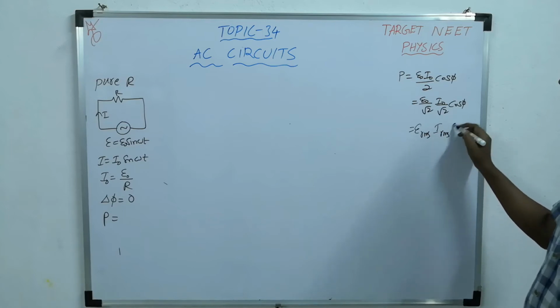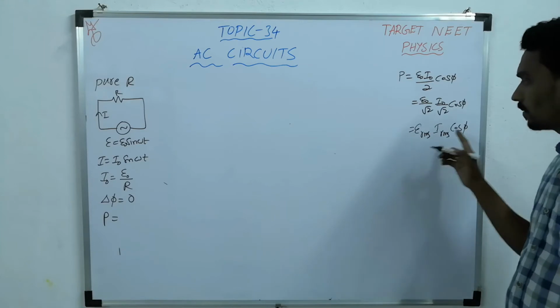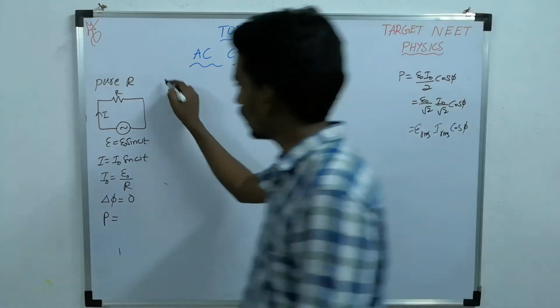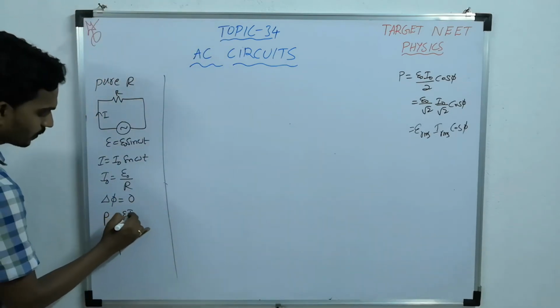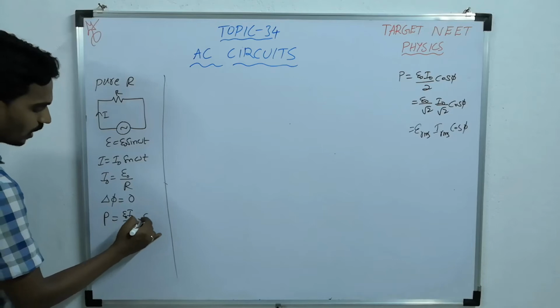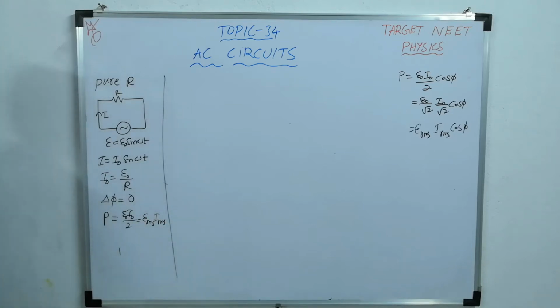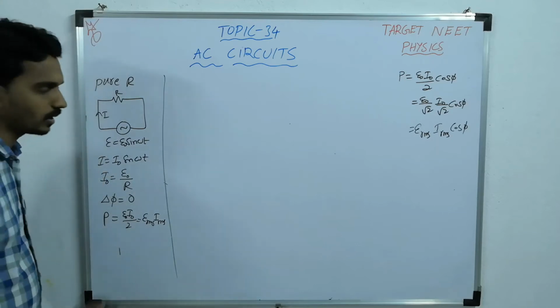Similarly epsilon RMS I RMS cos phi, where phi is the phase difference between current and voltage. In this case the phase difference is 0, so it becomes epsilon naught I naught by 2, or epsilon RMS I RMS. They can ask amplitude, power, phase difference, anything.